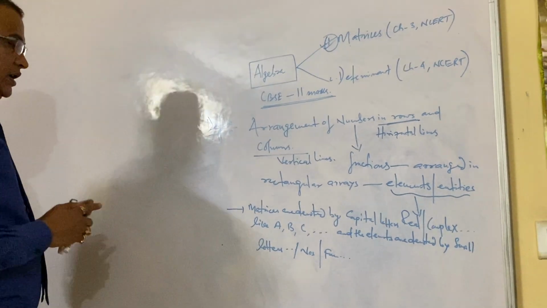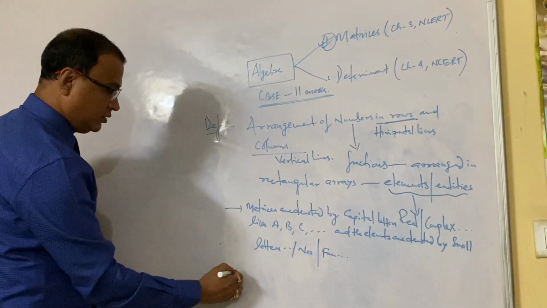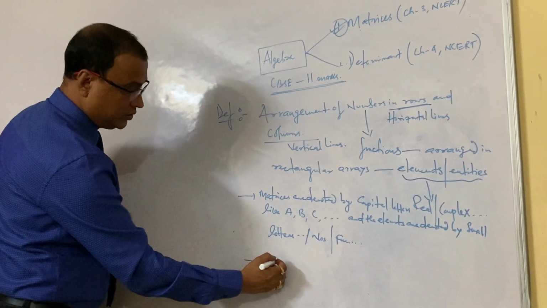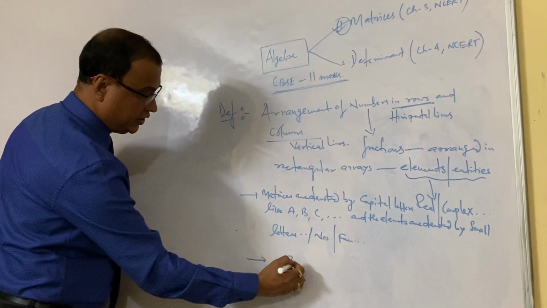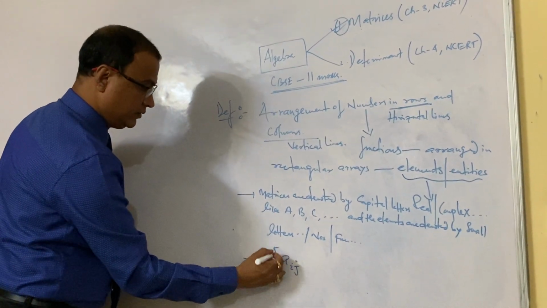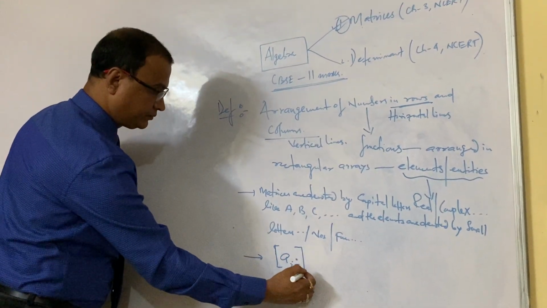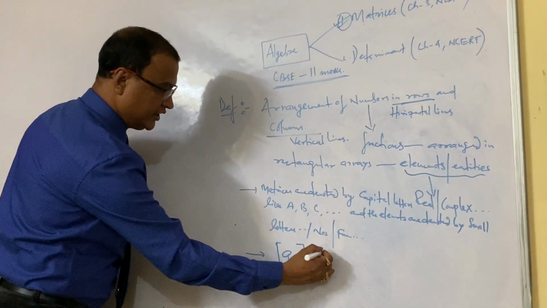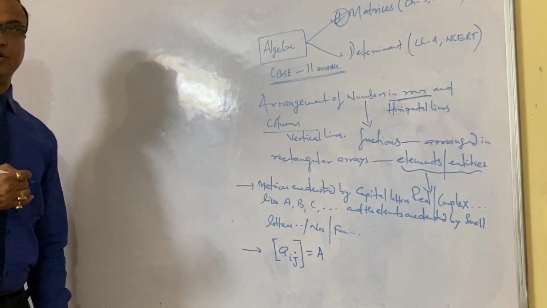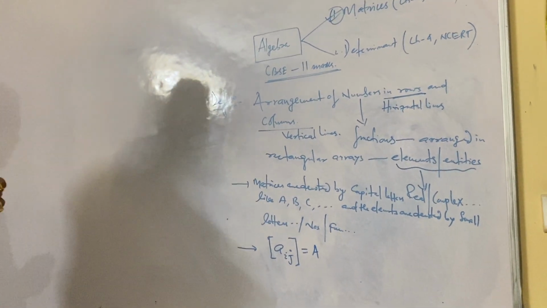Generally the standard notation for denoting the elements is a_ij under the square bracket, and this we name as matrix A. So A is the name of the matrix, which is equal to [a_ij].